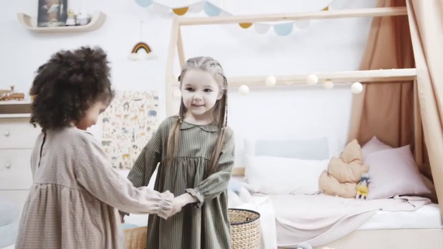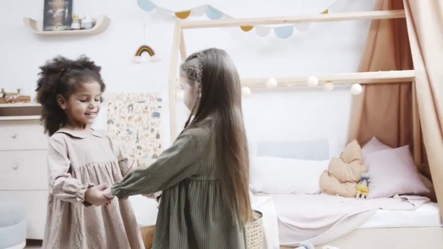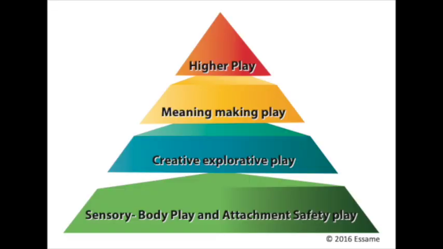And it's before language develops. Now, you might have a child who's got good language, but if their sensory skills are all over the place, they're not going to be able to access learning in the way you expect. So this is why we've put sensory body play as one of the foundation skills on the developmental play pyramid.